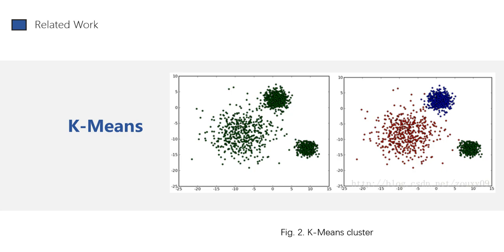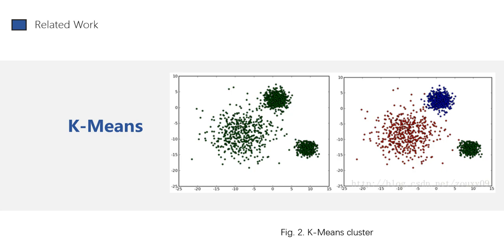Every data point is allocated to each of the clusters by reducing the in-cluster sum of squares. In other words, the k-means algorithm identifies k number of centroids and then allocates every data point to the nearest cluster while keeping the centroids as small as possible.